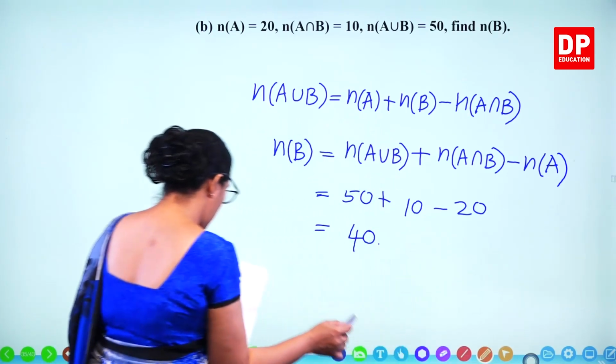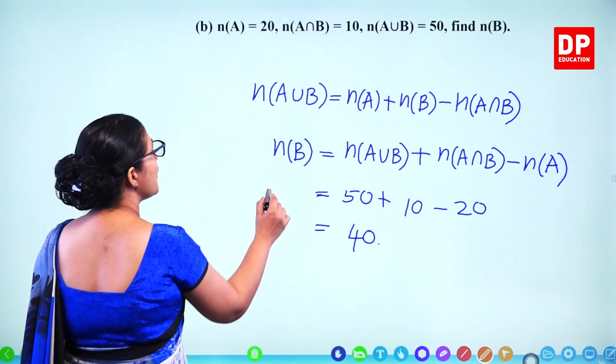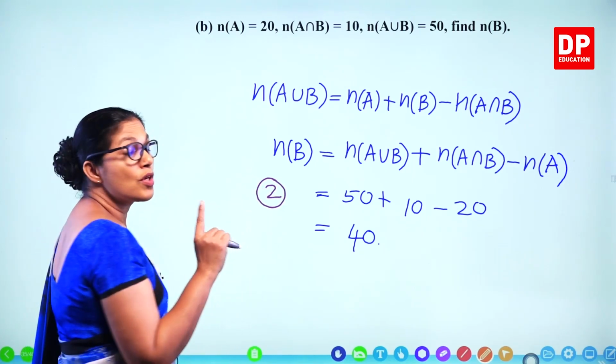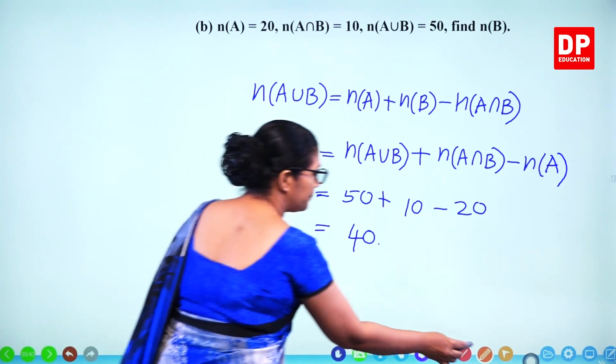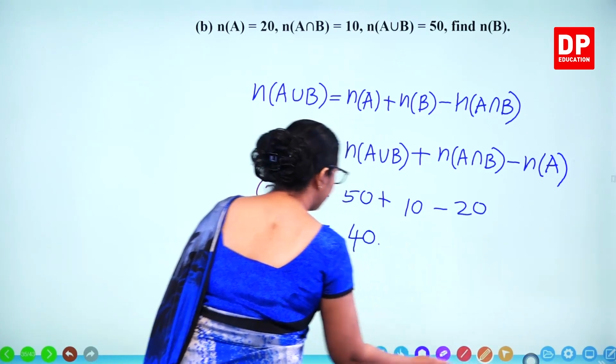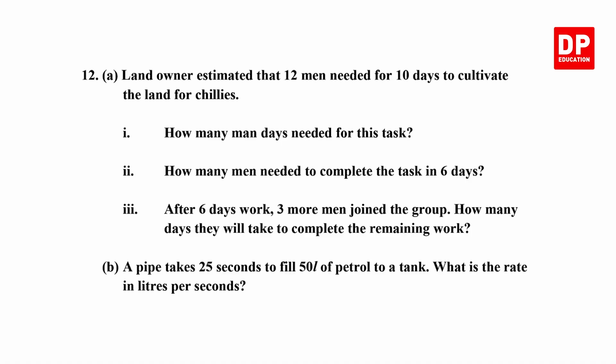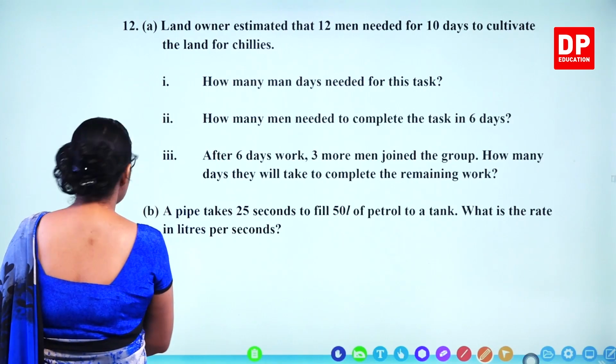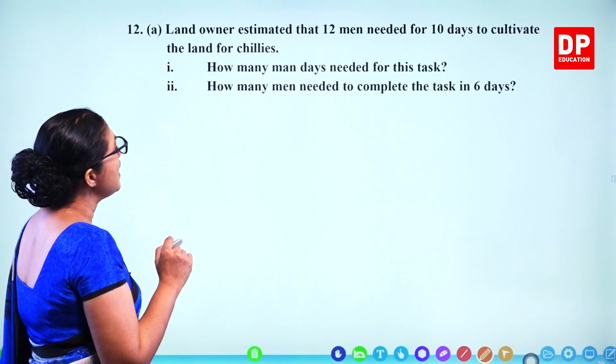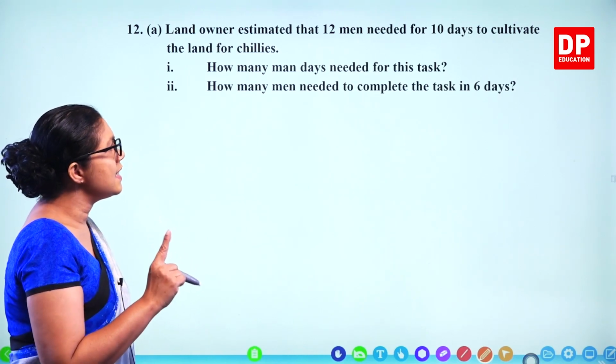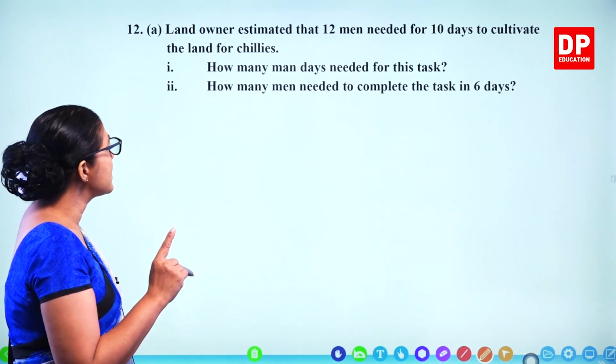So you are getting 2 marks for that. So we gave 8 and these 2, 10 marks. Last question in this paper. Let's do that. A landowner estimated that 12 men are needed for 10 days to cultivate the land for chilies.